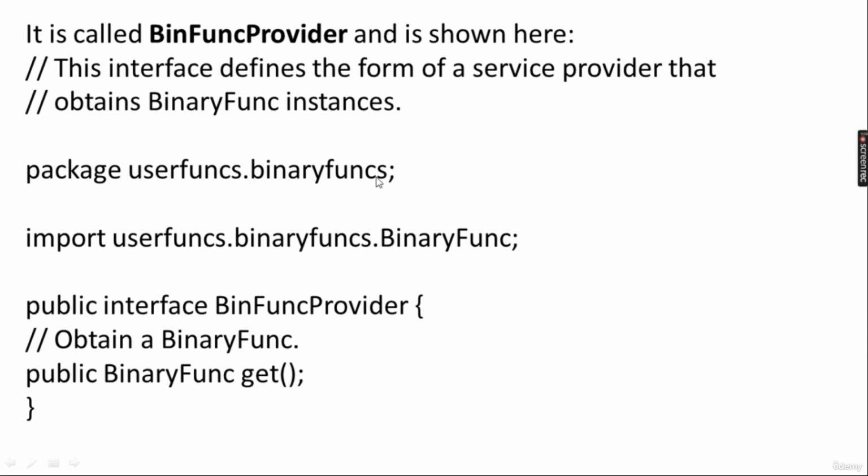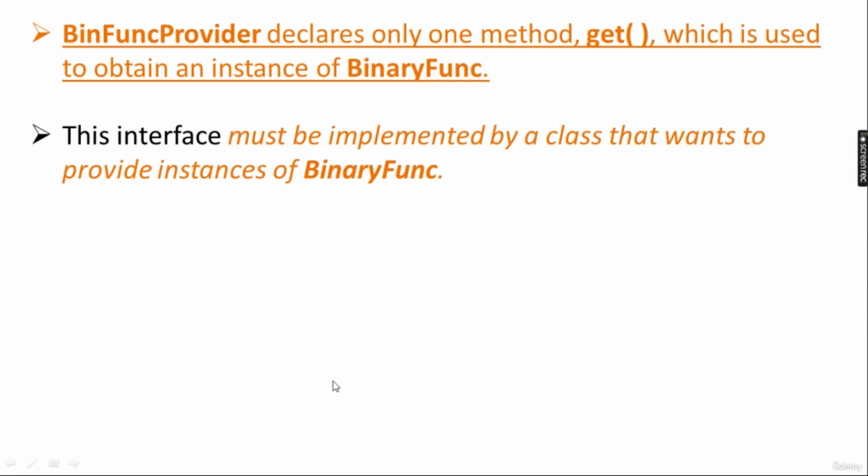Package user.functions.binaryfunctions; import user.functions.binaryfunctions.BinaryFunction; public interface BinaryFunctionProvider { public BinaryFunction get(); }. So you will only have the getting of the object of the BinaryFunction interface. We will have the function object by using the get method.